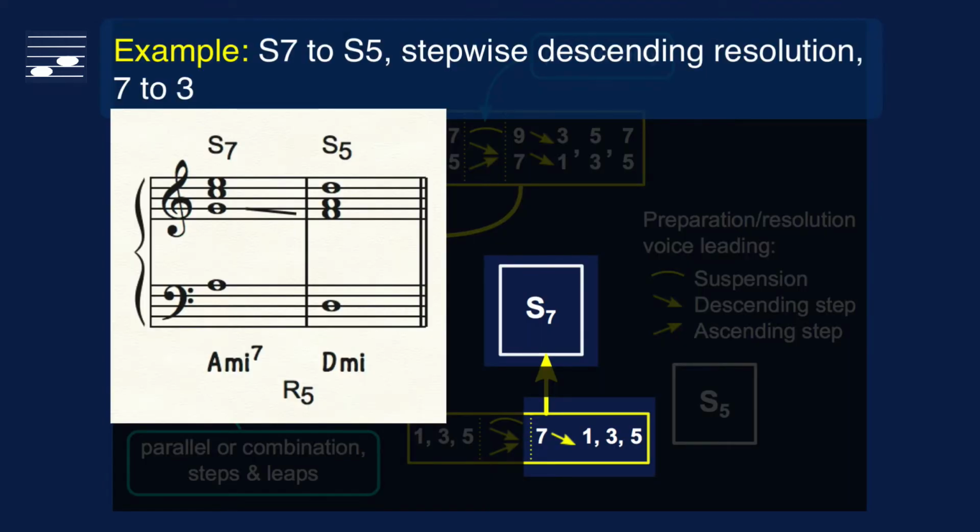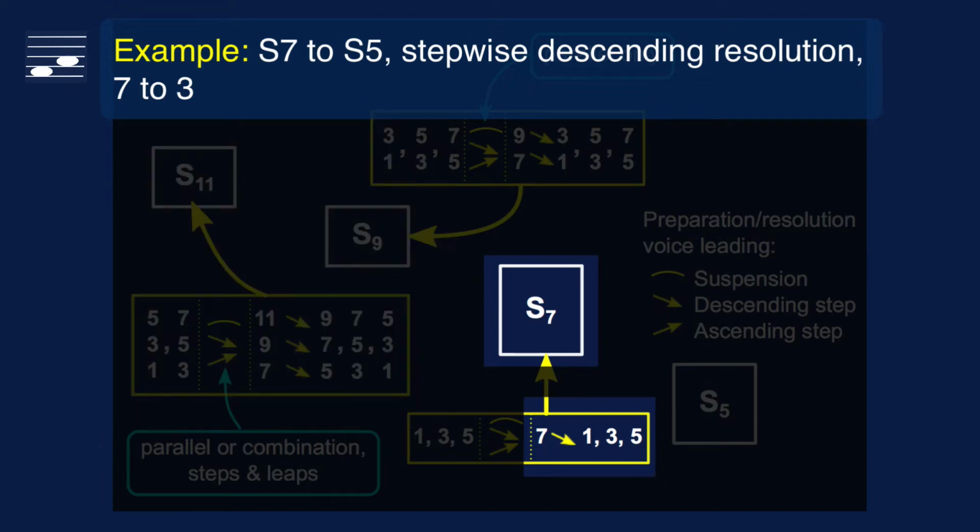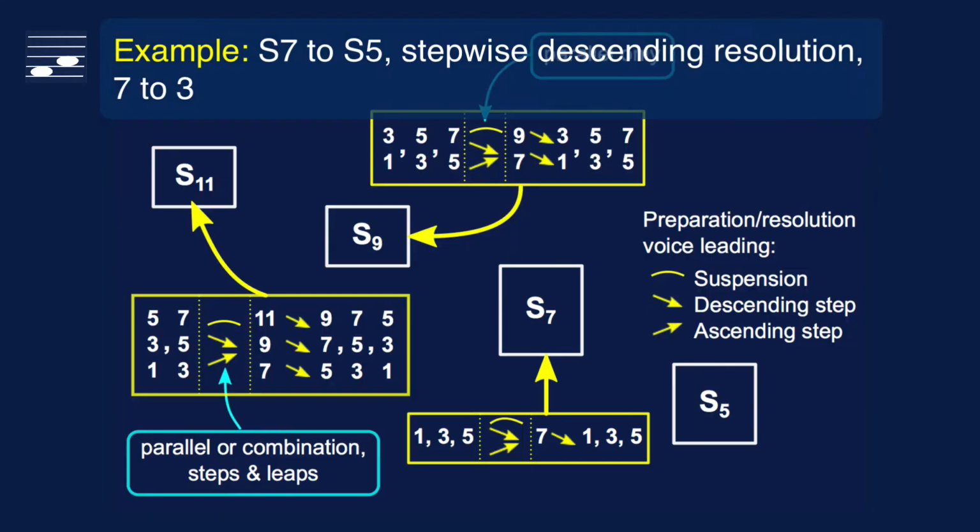I will demonstrate the resolution approach for the S7, where the dissonant 7 from the A minor 7 descends into the 3 of the next chord D minor. For the other options and chord types, once again I refer to the dedicated tutorials.